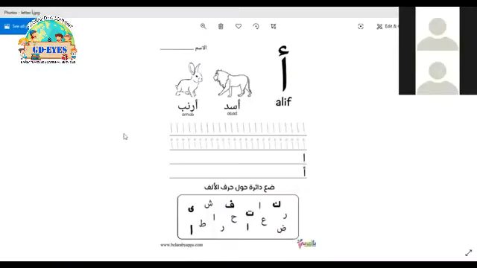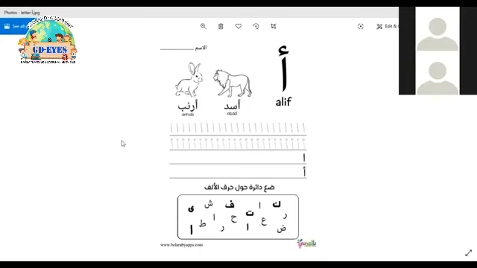Do you see the screen? Can you see this? Okay, good. So this is the letter we talked about today, Alif. We took the word Ibil, camels, and in the daily Arabic language we say Jamal.